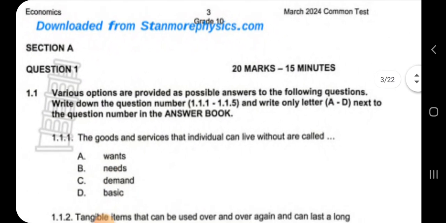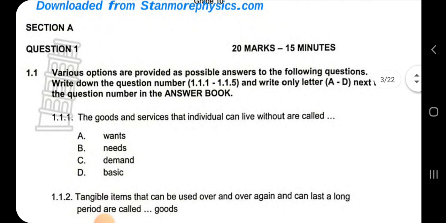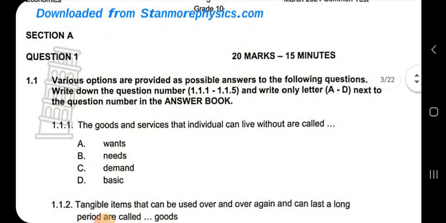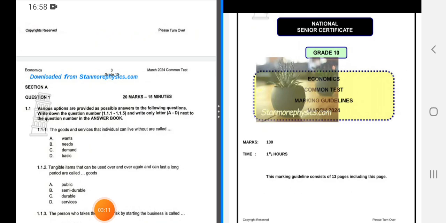So here we have section A. It's 20 marks, section A, which they say you can finish in 15 minutes. On the left hand side, I have a question paper, the marking guideline, which is the memorandum of this question.